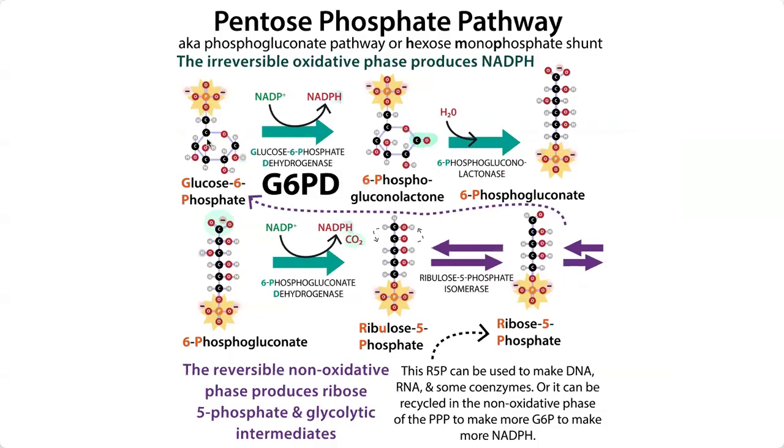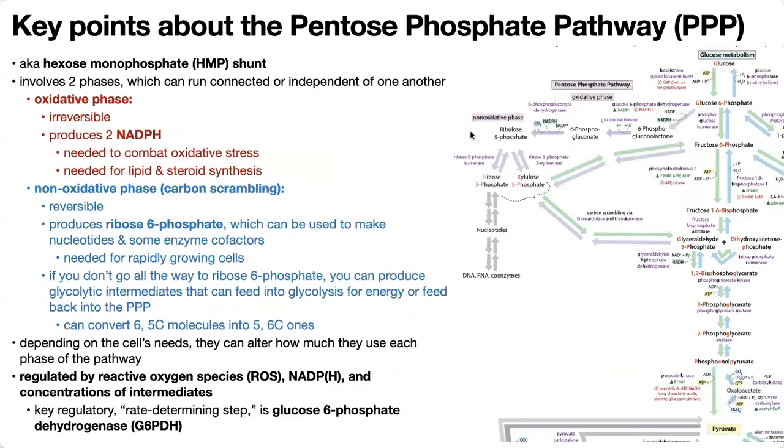More specifically, we're getting it from the oxidative phase of the pentose phosphate pathway. So we can split the pentose phosphate pathway into two phases. We can talk about an oxidative phase in which we generate NADPH, and we can talk about a non-oxidative phase in which we can take the carbons that are left over after the oxidative phase and scramble them around and keep putting them into the pathway if we want a bunch of NADPH.